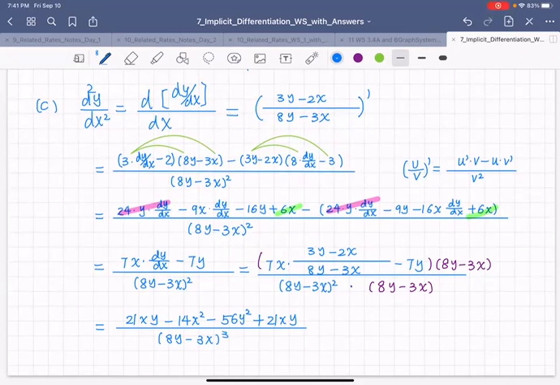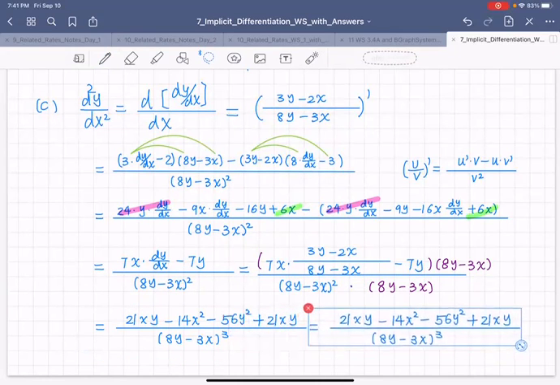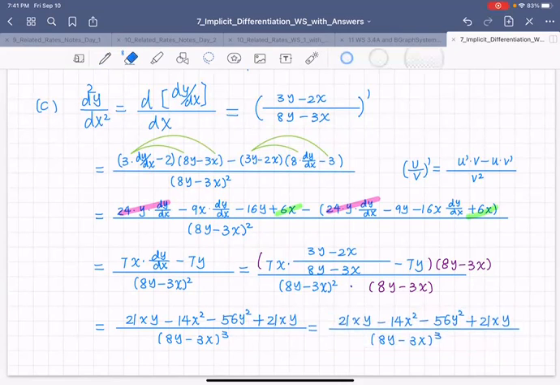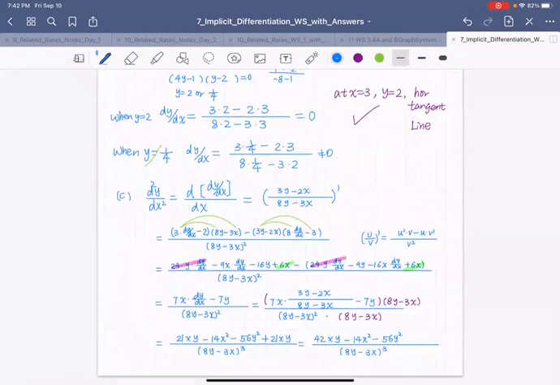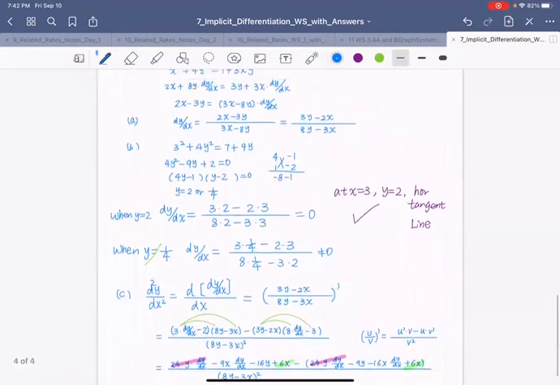Yeah. Okay, and then we can do one more last step to simplify. Okay, so this becomes 42xy, right? Yeah. That's it. Makes sense now? Yes. Okay.